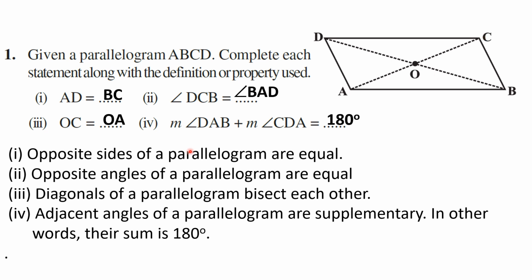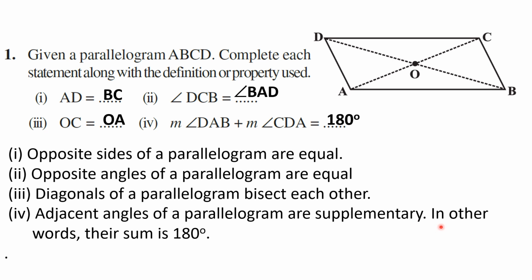Then the last is measure of angle DAB plus measure of angle CDA. So this angle and this angle plus is equal to 180 degrees. This is the fourth property of parallelograms, that adjacent angles of a parallelogram are supplementary.